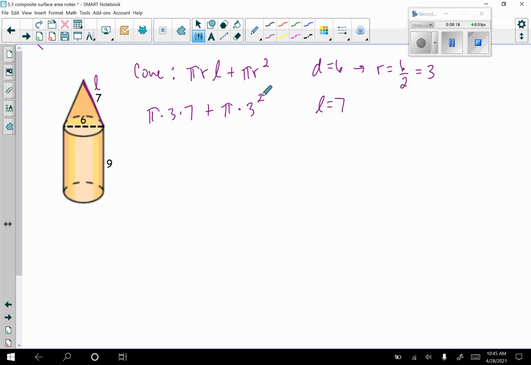I'm on an Android one, so if you use parentheses, this will be easier. So pi times 3 times 7, close parentheses, plus new parentheses, pi times 3 squared, close parentheses, and then we press enter. And we're going to round this to the nearest tenth. So our cone is going to be 94.2.